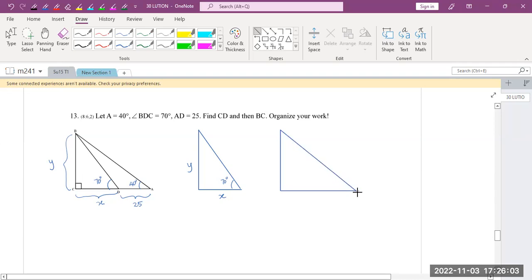The height is the same, but the base is X plus 25, not X only.